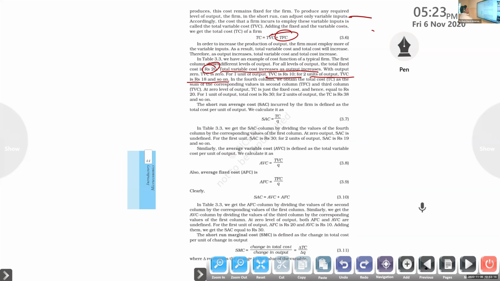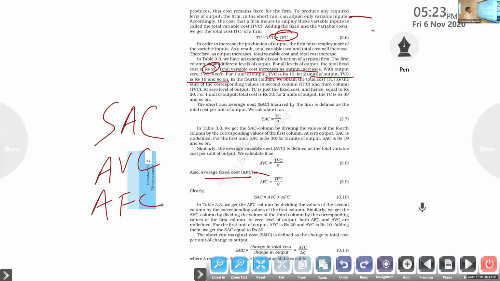Now we are going to discuss short run average cost. Here also, the average costs are short run average costs. Next one, average variable cost, AVC. Next, average fixed cost, AFC. And the next one, short run marginal cost, SMC.